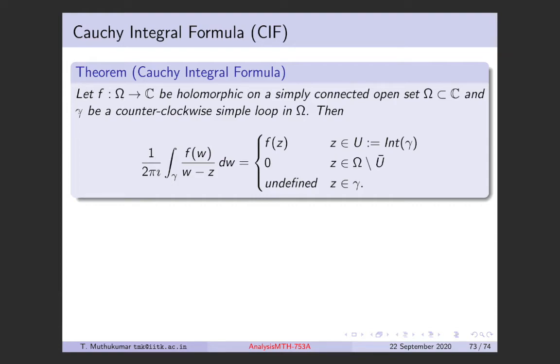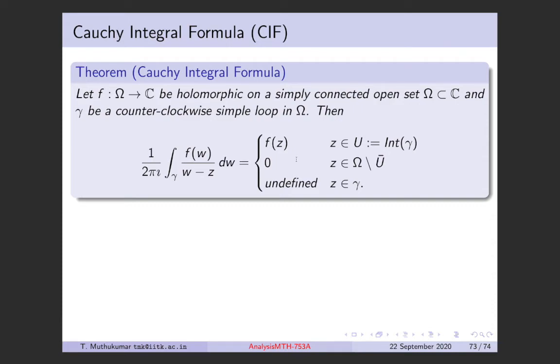So when you look at this quantity, for z at any point in the domain, you have the following different values. Whenever z is in the interior of the curve gamma, which we had always called u, then the value of this integral is the value of f at z.